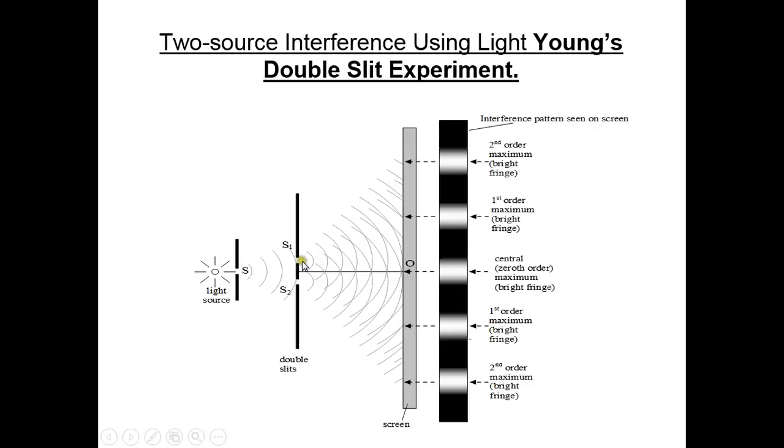Then we have spreading of the light coming out from S1, so you can see the diffraction pattern here. Similarly, diffraction pattern for the light coming from S2. So there will be interference. At the points where the crest and the crest meet, like all these points here, you have constructive interference. So if you put your screen here, you see a bright spot.